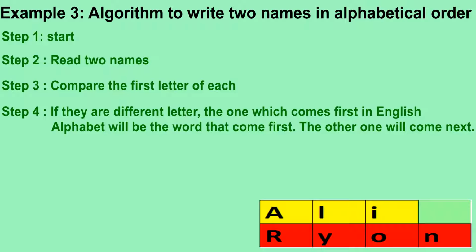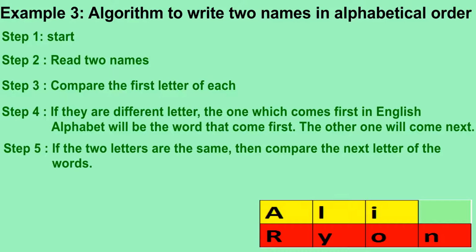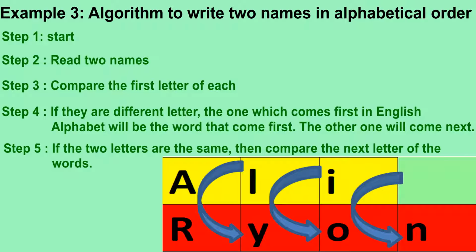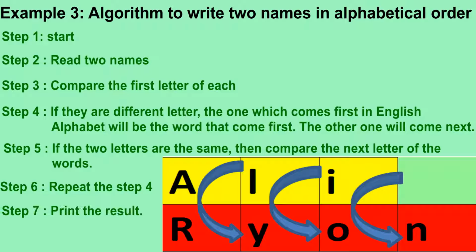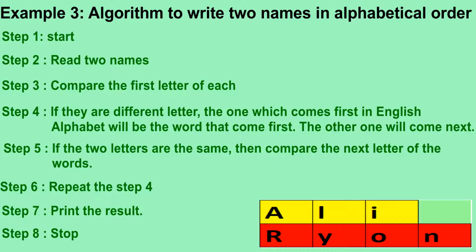The other one will come next. Step 5. If the two letters are the same, then compare the next letter of the words. Step 6. Repeat step 4. Step 7. Print the result. Step 8. Stop.